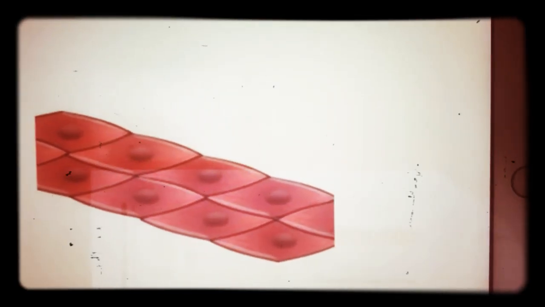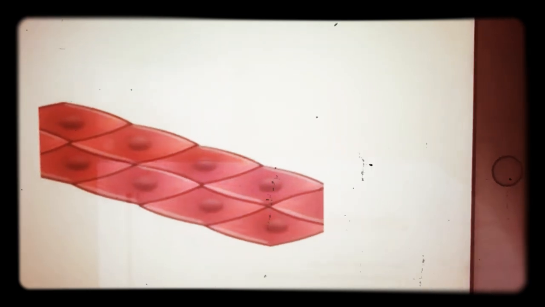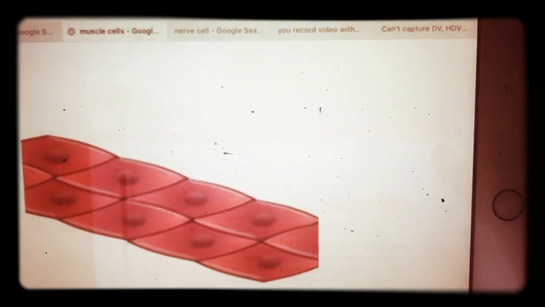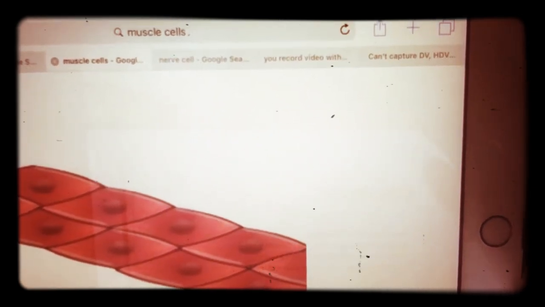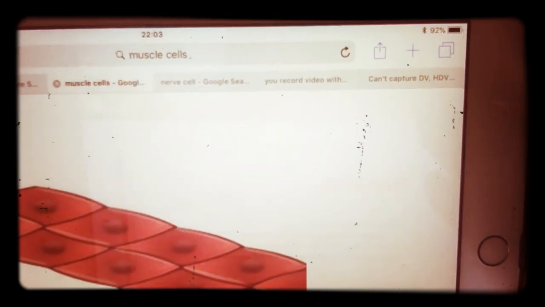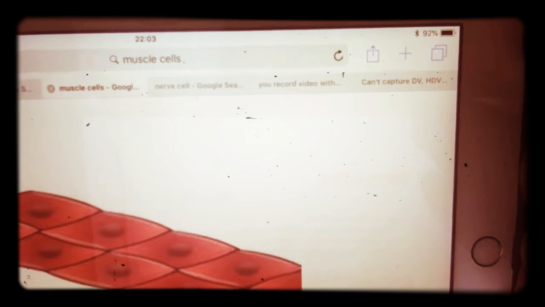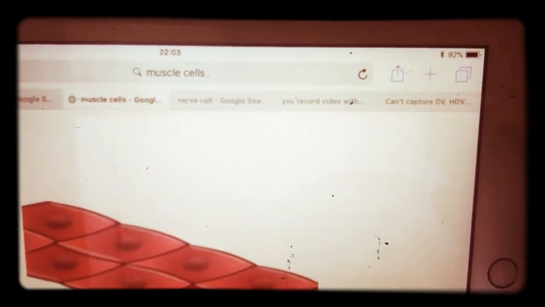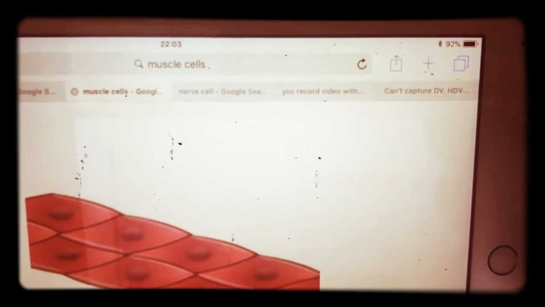Now, putting it in a simple way, muscles pull on bones, enabling them to move. Without muscles, you can't move. Now, muscle cells do work together in groups, allowing your muscles to contract. So contract means to shorten, and or relax.